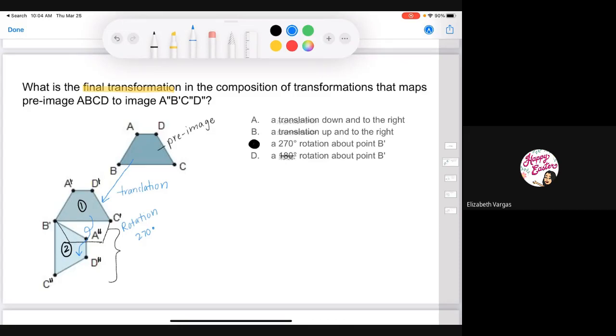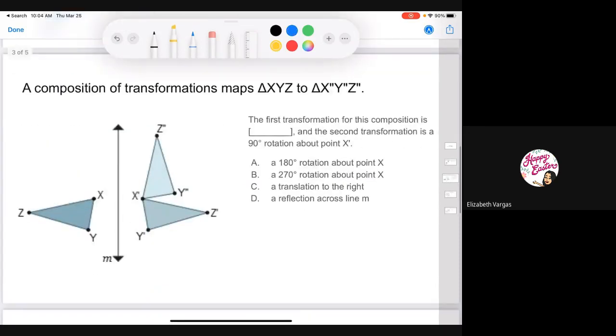Okay. Let's look at this next problem. This one's very similar. It says a composition of transformations maps triangle XYZ to X double prime, Y double prime, and Z double prime. So we start with our pre-image, that without the prime notation.